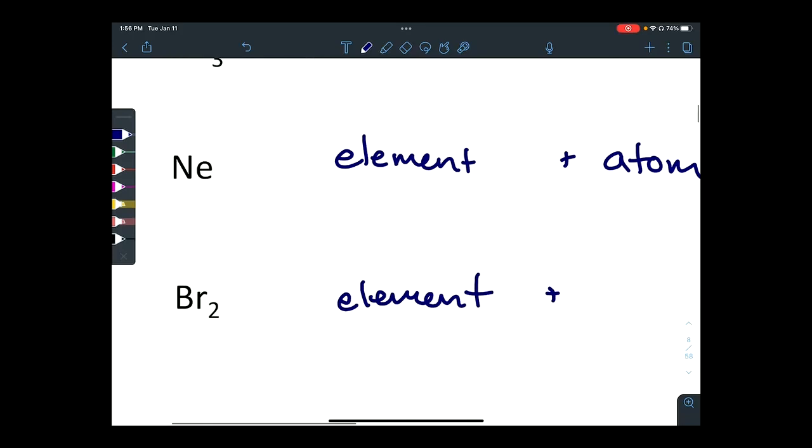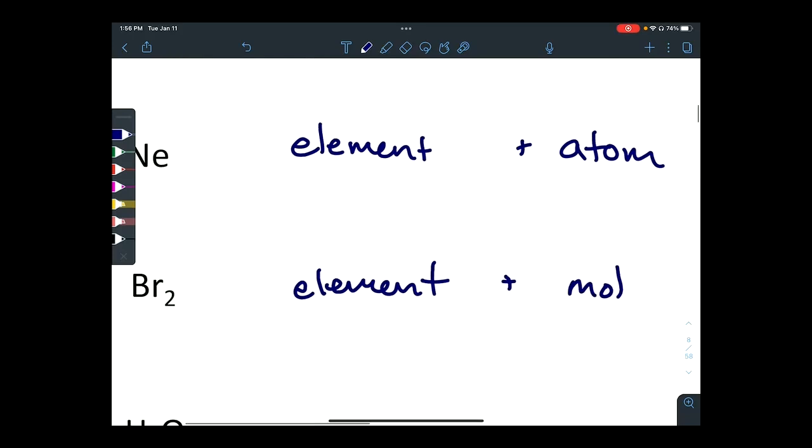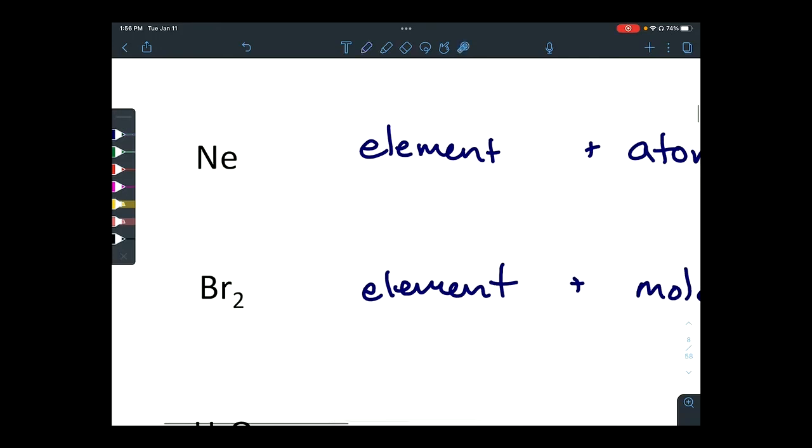and it's a molecule. So the big difference, if we compare the last two that we did, neon and bromine: they're both on the periodic table, but for neon there's just one atom, Ne, no subscript. But Br, bromine, is also an element, but there are two atoms within one molecule. There are a number of elements that exist in our world as diatomic.